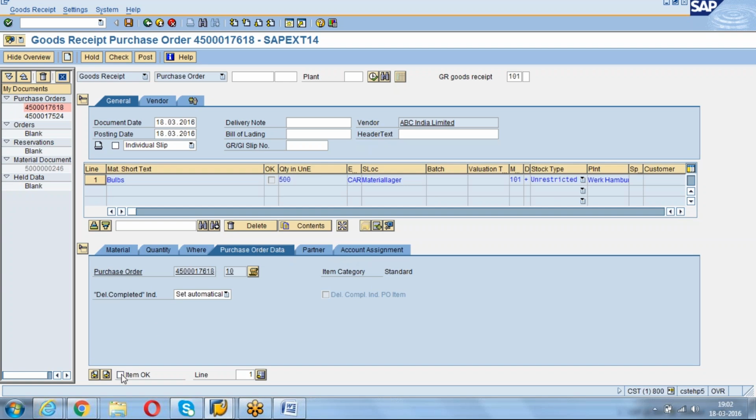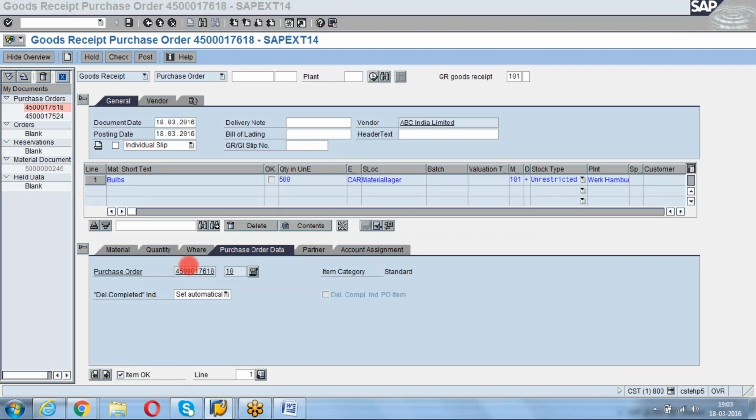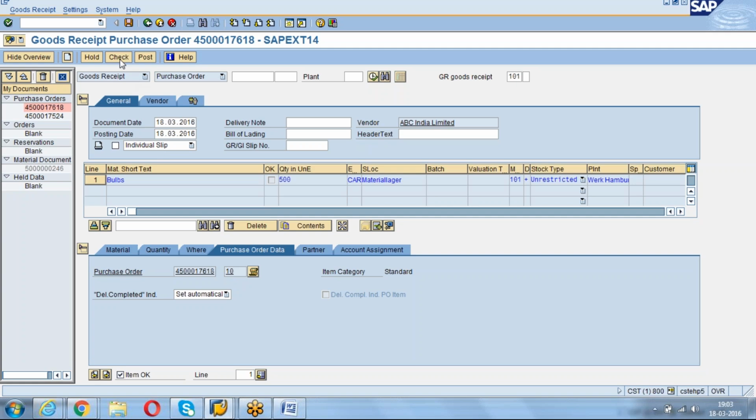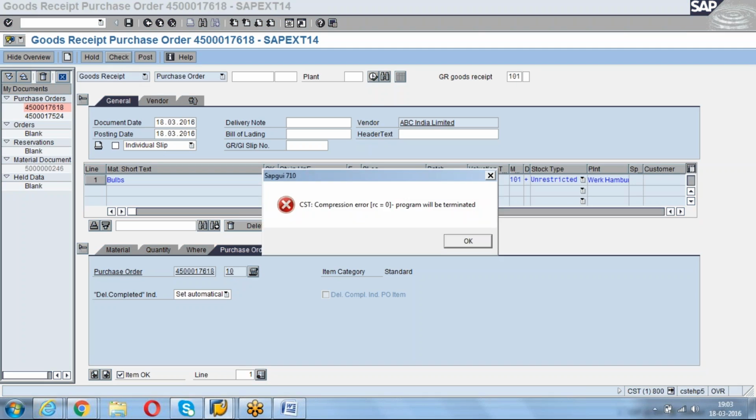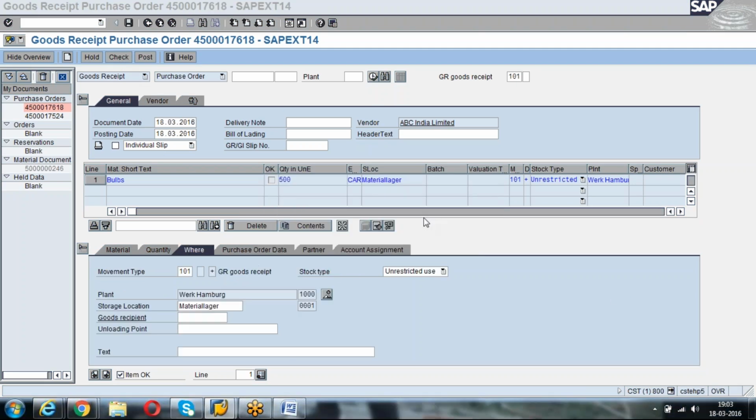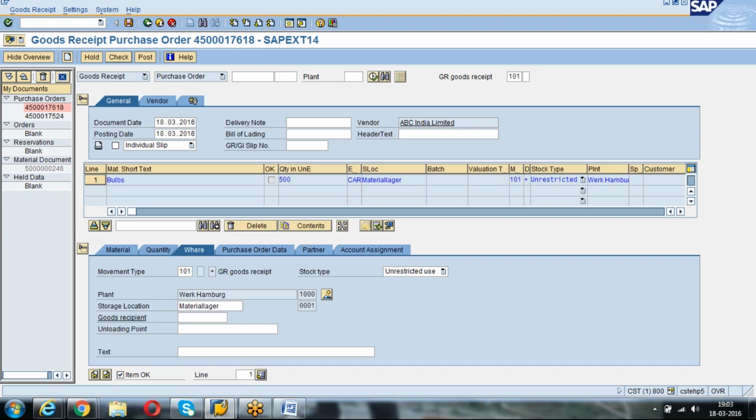And then you need to click on item OK. We can see the PO and item OK. Once you click on item OK, click on the check button.